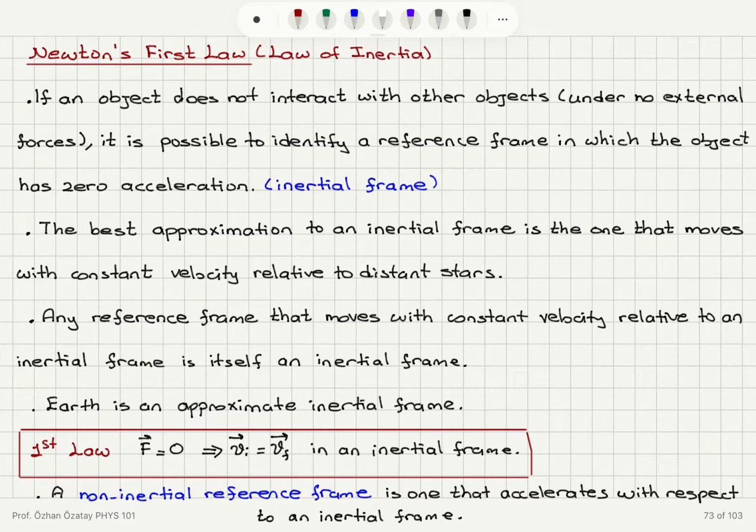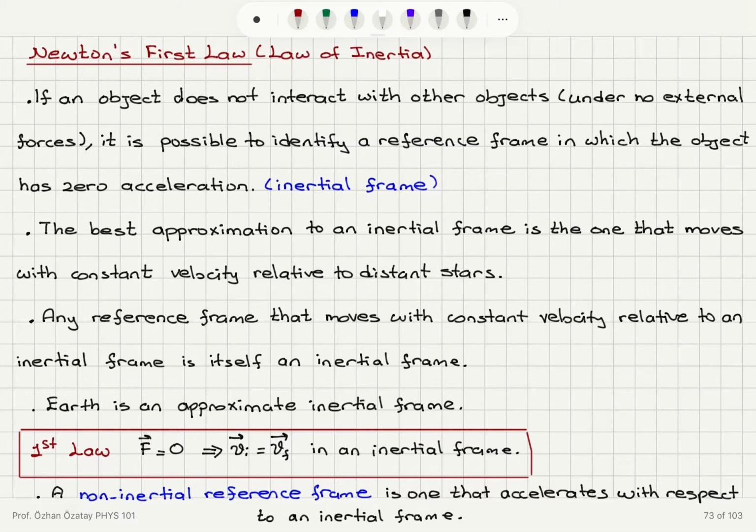And what is an inertial reference frame? The best approximation to an inertial reference frame is the one that moves with constant velocity relative to distant stars. So an inertial reference frame is one that is basically not accelerating with respect to another inertial reference frame.